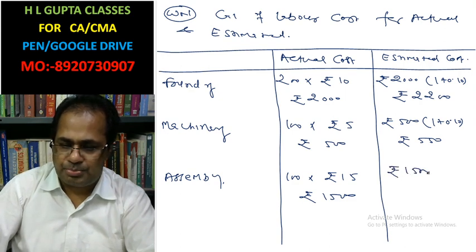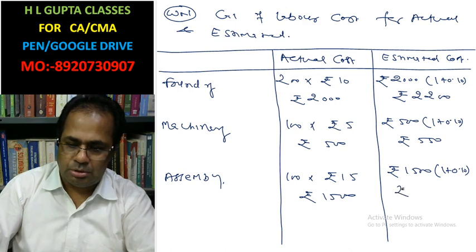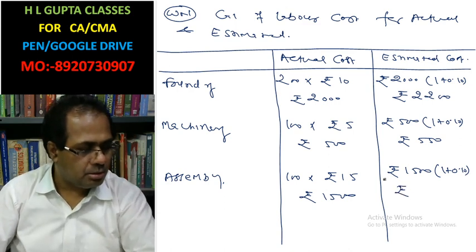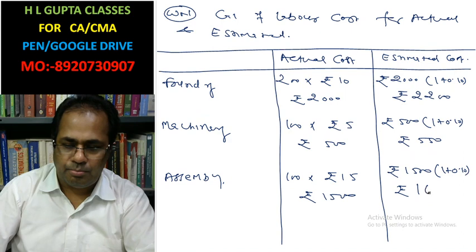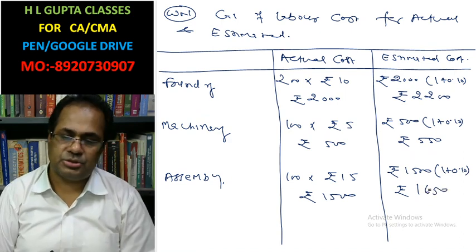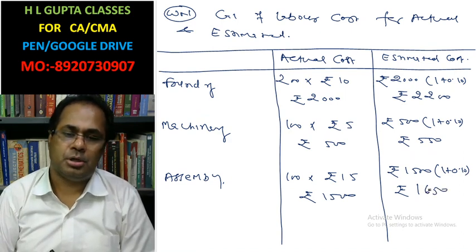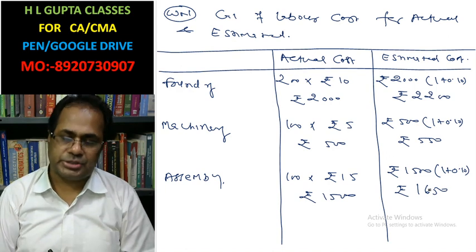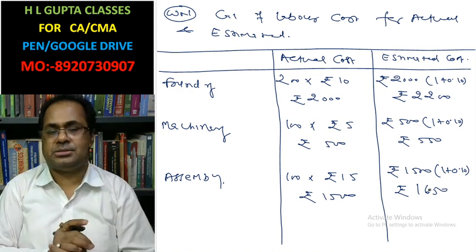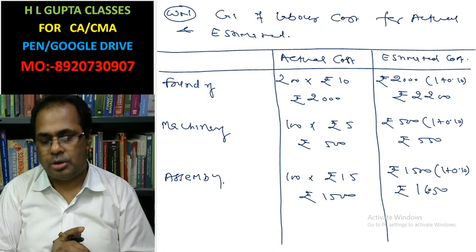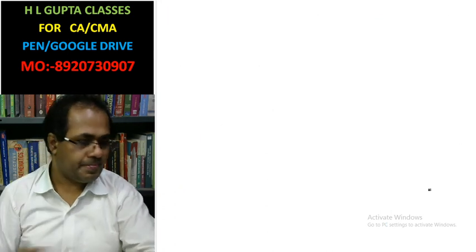If 1,500 here, 1 plus 0.10, this is rupees 1,650. This is your labor cost. Now we can calculate the cost sheet and deviations, favorable or unfavorable.